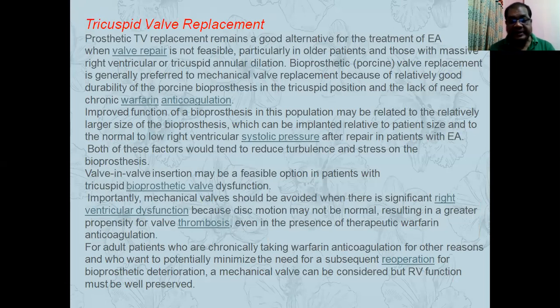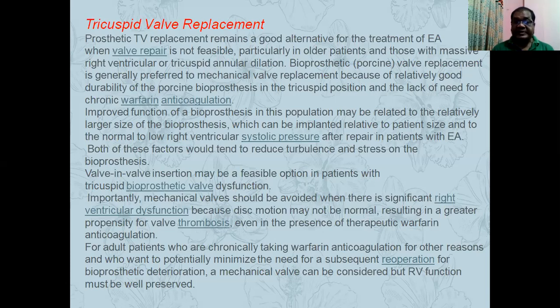Sometimes when the leaflet tissue is very much thinned out, it's not possible to do cone repair. In that case, tricuspid valve replacement is necessary. Prosthetic tricuspid valve replacement is the treatment of enlarged annulus when valve repair is not feasible, particularly in older patients and those with massive right ventricular or tricuspid annular dilatation.